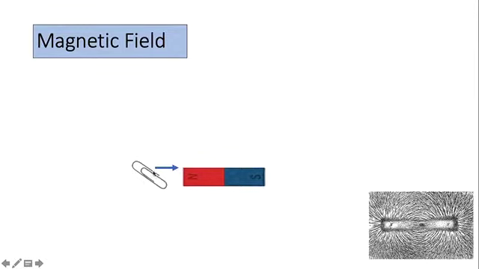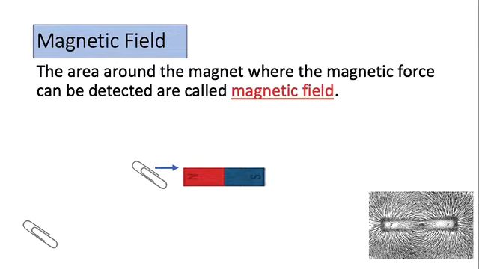However, when you place it a little further away from the magnet, you will find it is not attracted to it. This is because it is outside the area of the magnetic field, meaning there is no magnetic force attraction here. So, let's see what exactly is meant by the magnetic field.